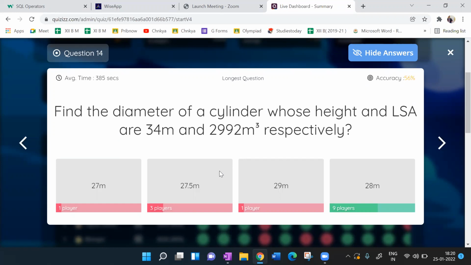To find the diameter, what do you need? The LSA is 2 pi r h, so you can find the radius. The height is given, the LSA is given, the lateral surface area, so can't you find it out? Direct formula. 2 pi r h is equal to the LSA. Very simple.